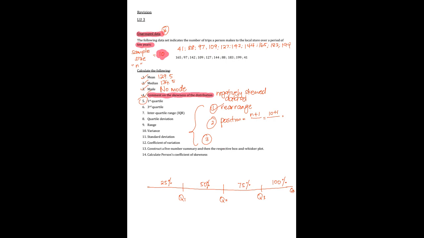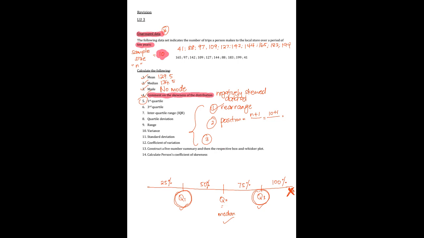So we only actually calculate Q1 and Q3 as the quartiles. You'll never need Q4. And Q2 is the same as the median. Q2 is also known as the median. So that we've done already. So now we're looking at calculating Q1 and Q3. In order to calculate it, as we said, it's exactly the same steps as you would follow with your median.